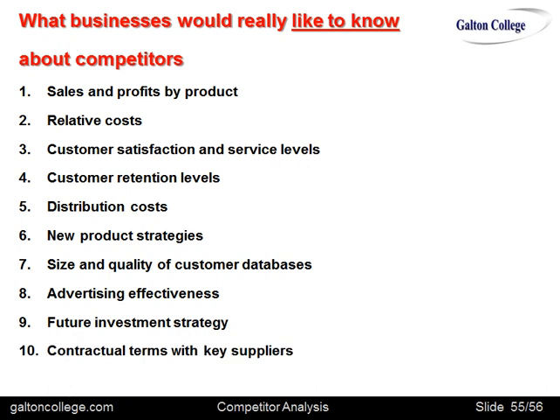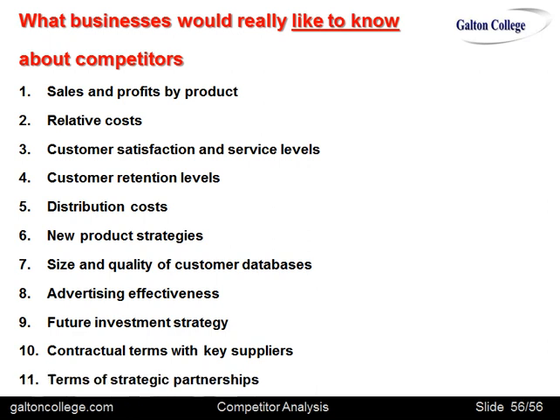What are the contractual terms with the key suppliers? What prices are paid to the key suppliers? What discounts are negotiated, what are the terms of delivery, and what are the payment methods? Again, very difficult to find out.